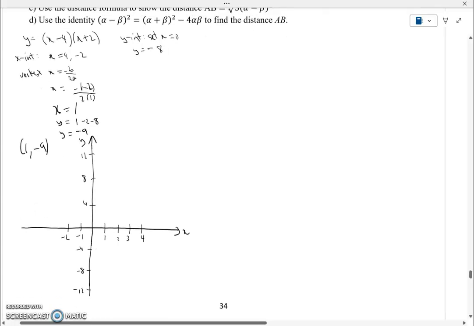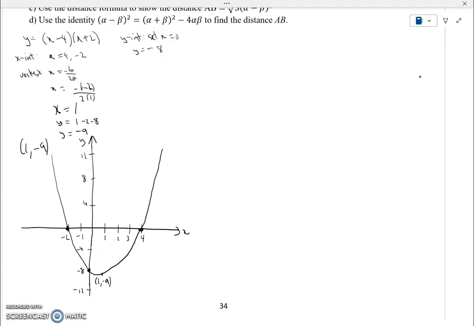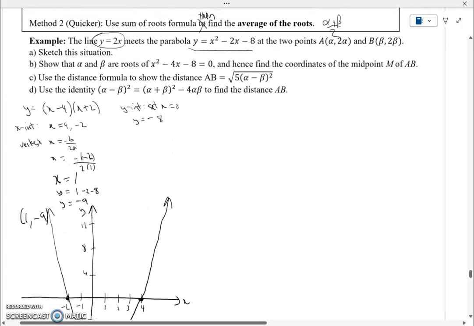Okay, so x-intercepts of -2 and 4, y-intercept of -8, vertex at (1, -9). That should be enough to draw my parabola. Okay, so that's my parabola drawn.